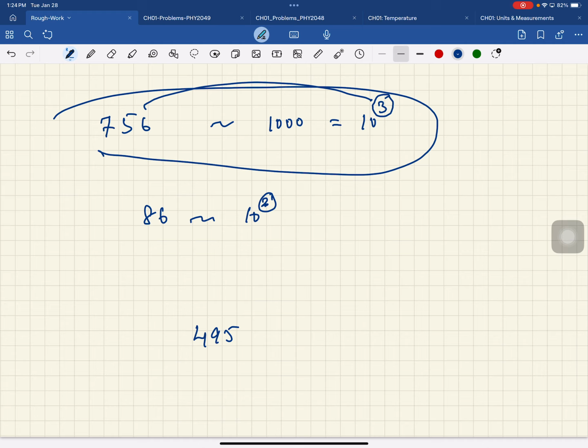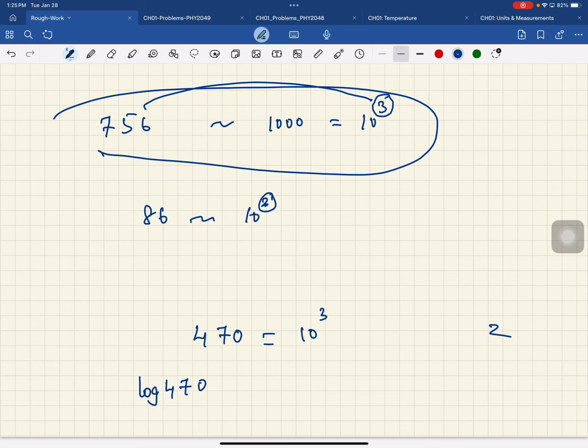So if you did it the quick way, you would round this to 100. Well, this is less than 500, so you would round this to 100. I mean, you would guess this to be 2. But here's how you would calculate the order of magnitude. You take log to base 10.